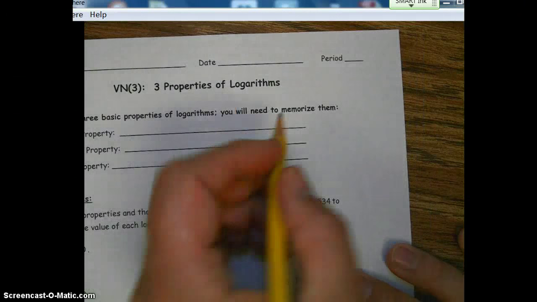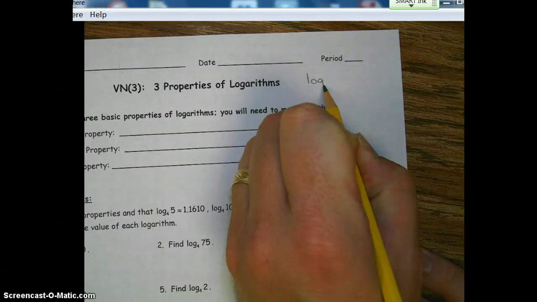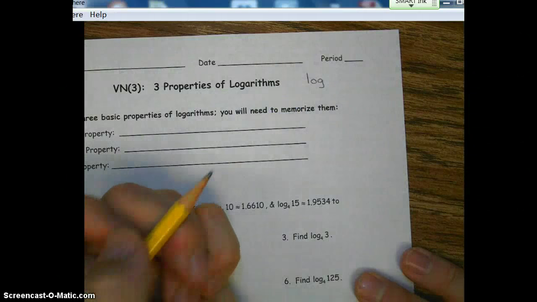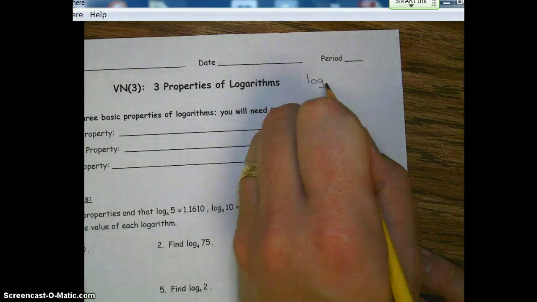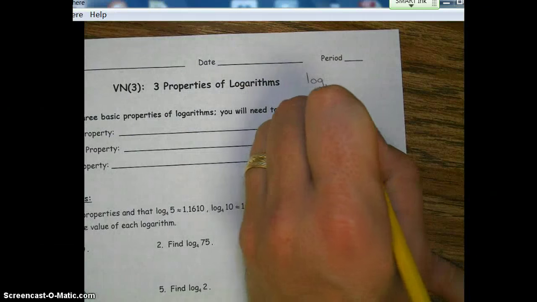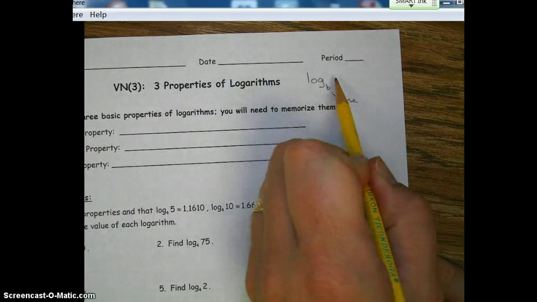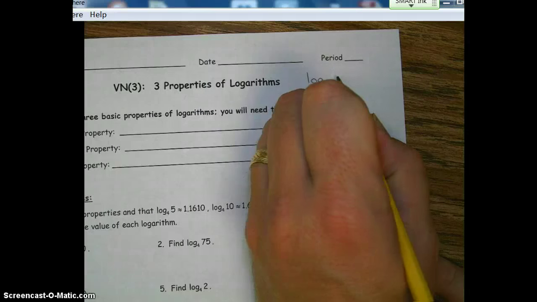First of all, log stands for logarithm. The little number is the base. And then whatever number follows is known as the argument.